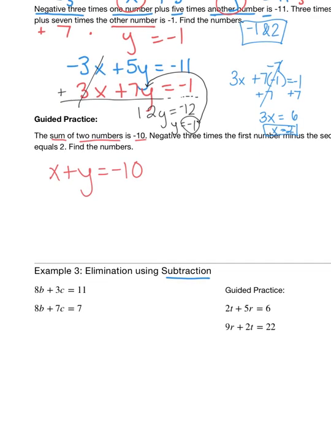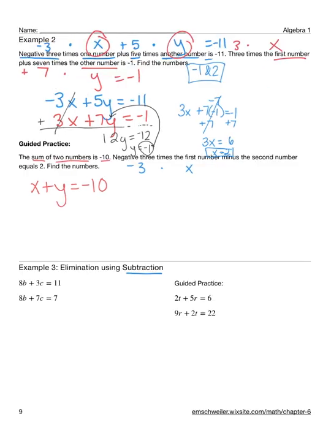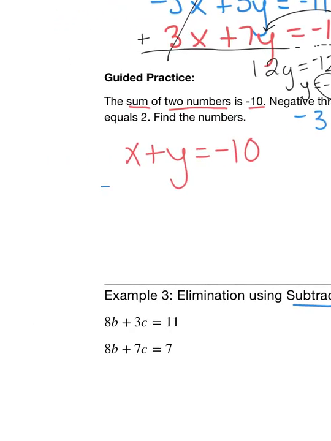So -3 times the first number minus the second number equals 2. Okay, so -3x minus y equals 2.